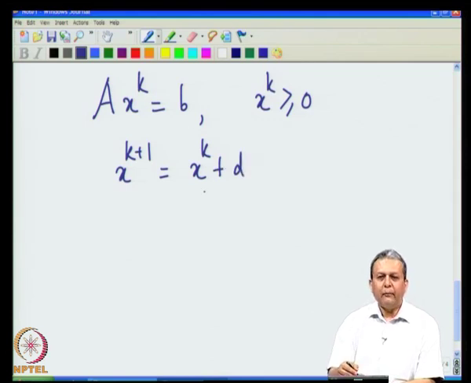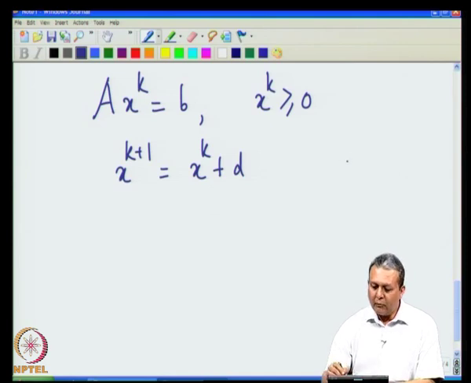Now, the ideas which I am going to talk about also hold in the y space. Although I am discussing everything related to the x space, these ideas also work for the y space. So, let us assume that the step length is of size 1. So, alpha is 1. So, x_{k+1} is equal to x_k plus d.